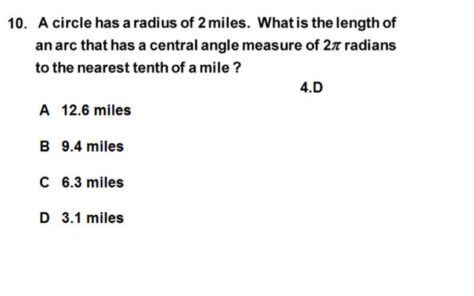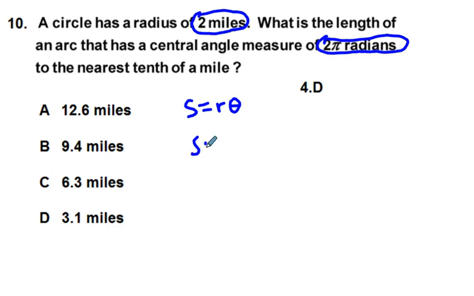Next, 10. A circle has a radius of 2 miles. What is the length of the arc that has a central angle measure of 2 pi radians? Again, we have S equals R theta, and this works in this form if we are in radians, which we are, 2 pi radians. An arc length is radius times radians.